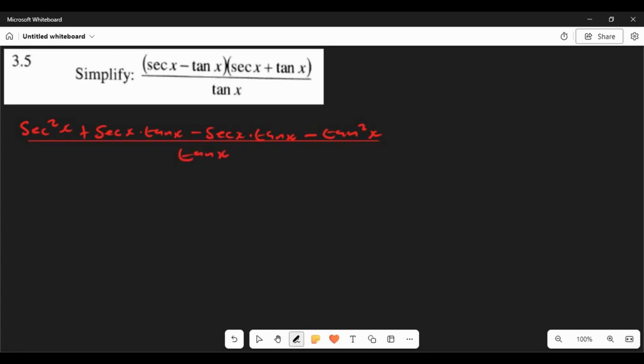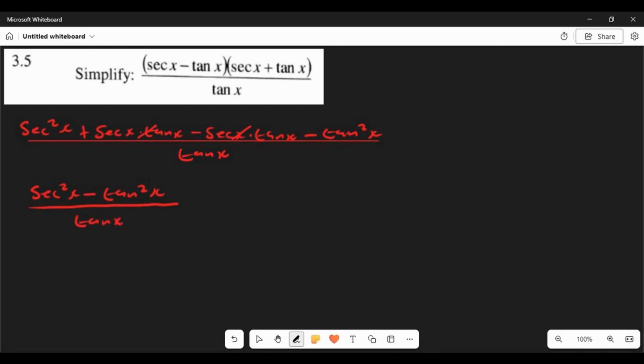Do not forget guys, when it's like this, it means that we do have like terms. If you look at the numerator, we have sec x tan x minus sec x tan x, so these two are going to cancel each other. On the numerator we're left with sec squared x minus tan squared x, divided by tan x.